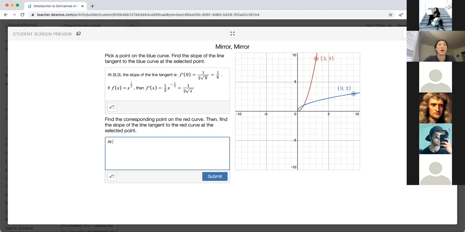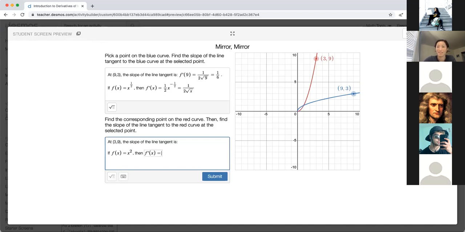What would the corresponding point be on the red curve? So I would say at what point on the red curve? Okay, so at the point 3,9, the slope of the line tangent is, now maybe before we fill that out, let's say if f of x equals x squared, then I think this one will be a little easier.